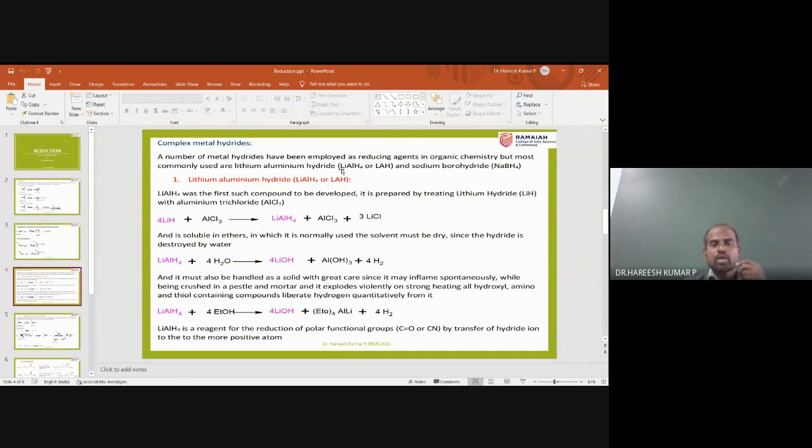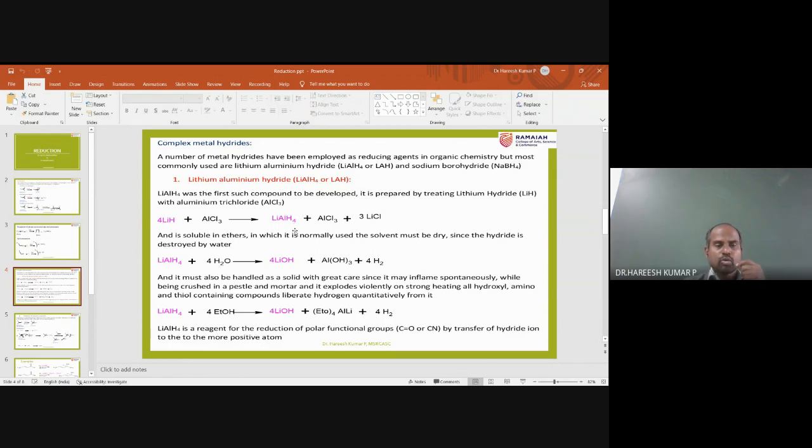It is possible to prepare LAH just by the reaction of lithium hydride and aluminum trichloride. This reaction gives lithium aluminum hydride, a complex metal hydride, and it will act as a source of hydride. It can give 4 hydrides to the substrate.